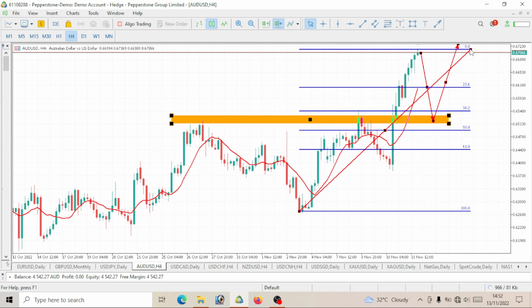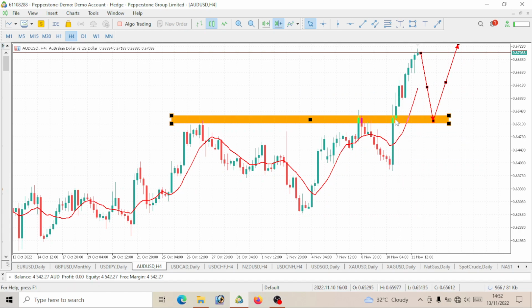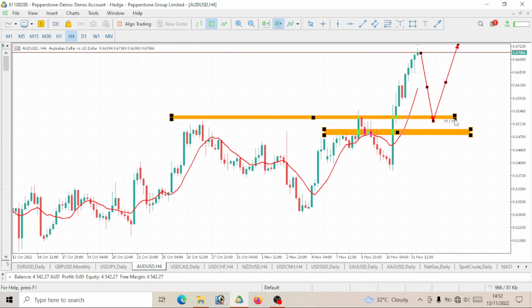I think the pullback should actually come to the level of 50, so maybe we should look at this range here. If the pullback comes within this range, it does not even have to drop that much. If it drops even a little bit, then I will advise you to enter to go long.